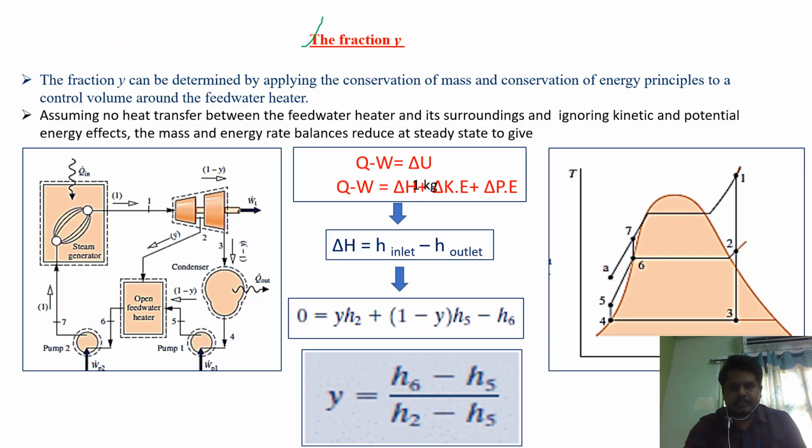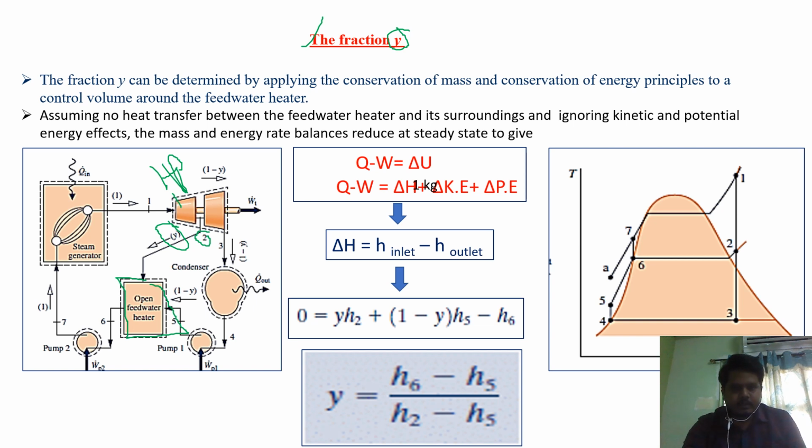Now let us discuss the fraction Y extracted at point 2 at the exit of the high pressure turbine. So here the extracted mass is Y kg. This Y can be calculated by applying the conservation of mass and conservation of energy principles to the open feed water system.